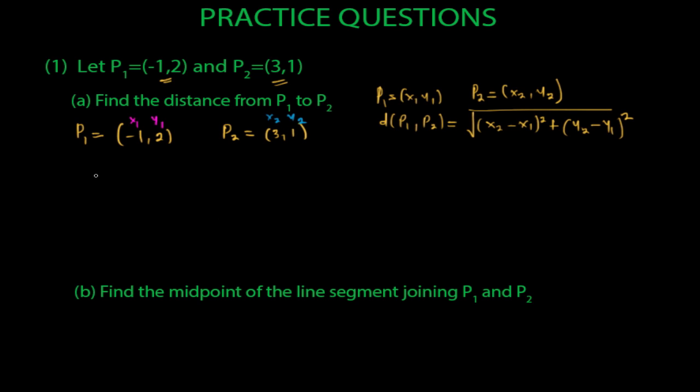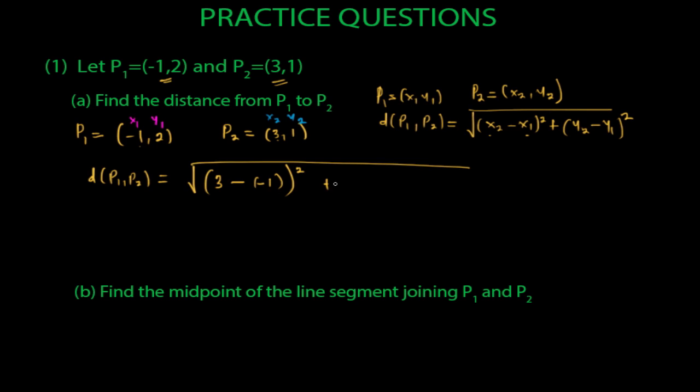So to use the formula, the distance between P1 and P2 is just the root of x2 minus x1, that's 3 minus 1 all squared, then plus y2 minus y1 squared, that's 1 minus 2 all squared.